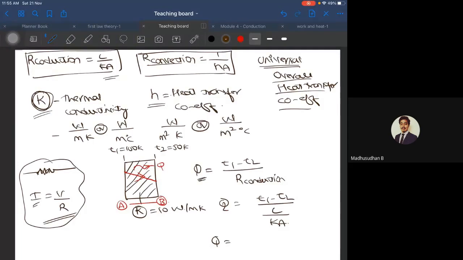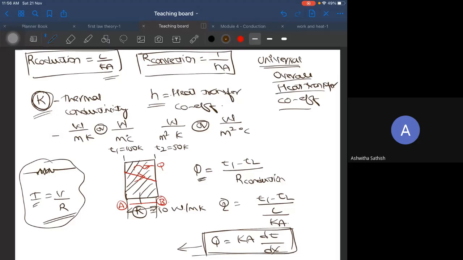If you transfer Ka to the numerator, the difference in temperature divided by the change in length, dT by dx, is nothing but which law? Fourier's law. Exactly.